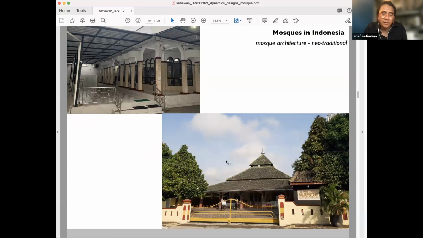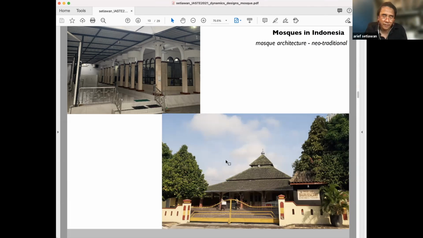But then in the 1980s, there was the popularity of what is called neo-traditionalist or neo-vernacular design in every institutional building in Indonesia. Behind this was the drive from the regime at the time for a tightly scripted narrative of what Indonesia means, including all cultural expression, including architecture. Specifically for mosques, the government sponsored the construction of thousands of mosques based on traditional Javanese mosques, which put heavy emphasis on this layered pyramidal roof.